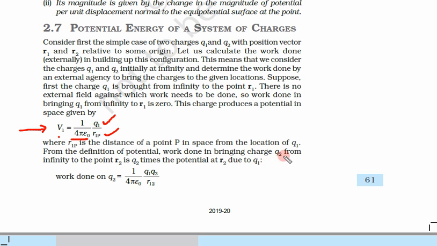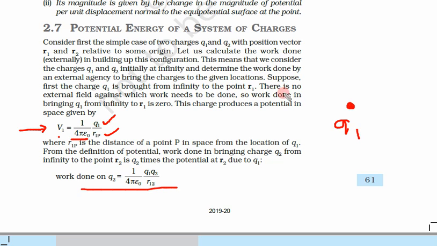Work done in bringing charge Q2 from infinity to point R2 is Q2 times the potential at R2 due to Q1. What they are trying to say is, suppose there is only one charge, Q1, and no other charge, so there is no external electric field, only its own electric field.